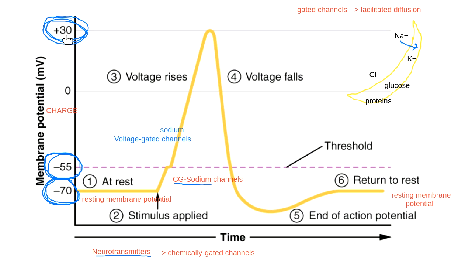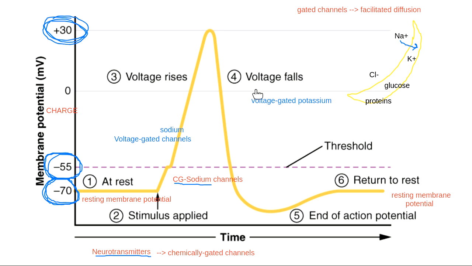Again, which kind of gates respond to charge problems? Yeah, it's still going to be voltage gated. But this time, when we're all the way at positive 30, I don't need a voltage gated sodium channel to open. At this point, I'm going to open a voltage gated potassium channel.